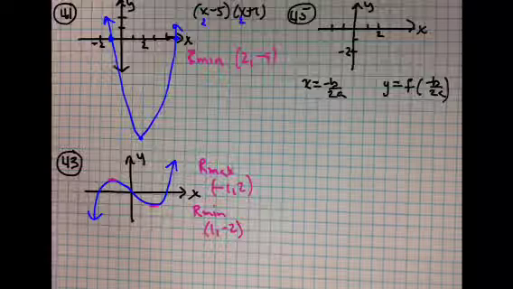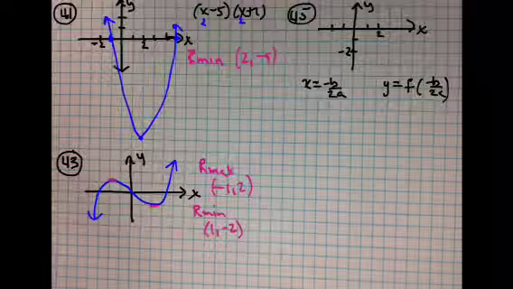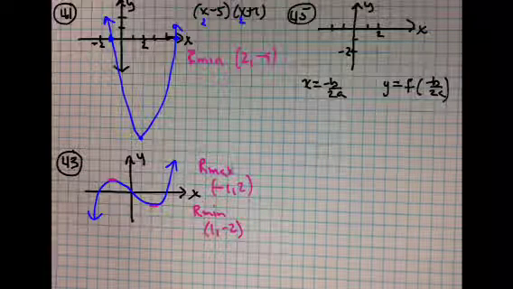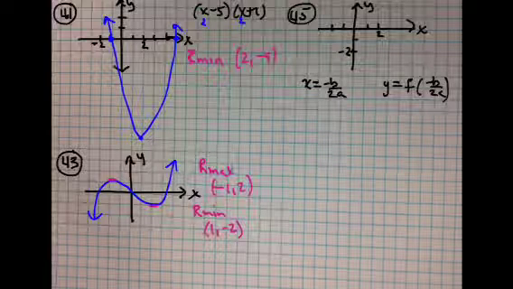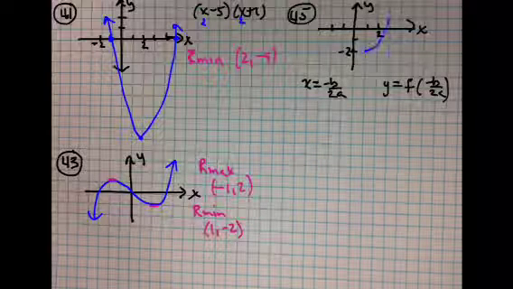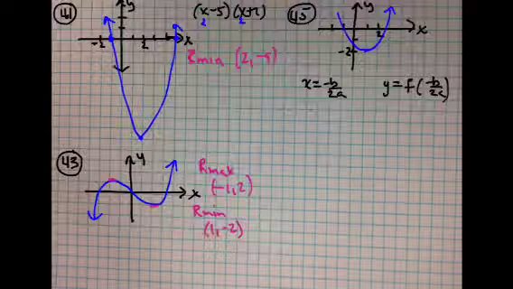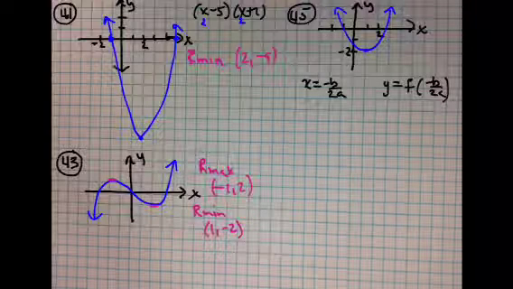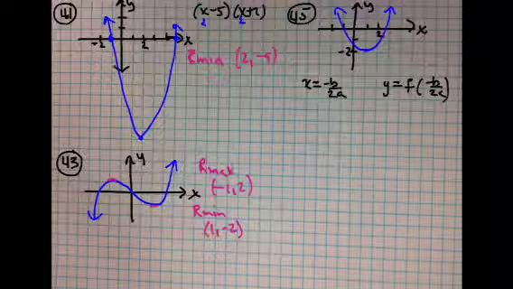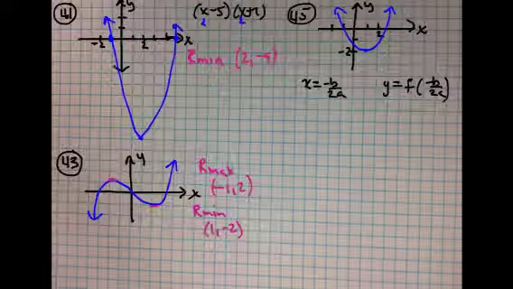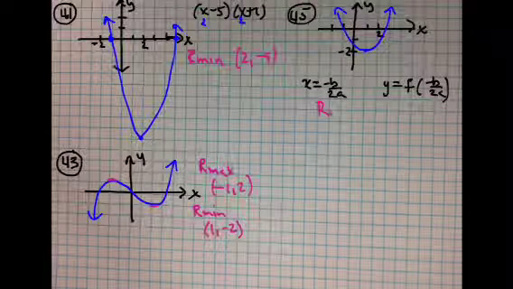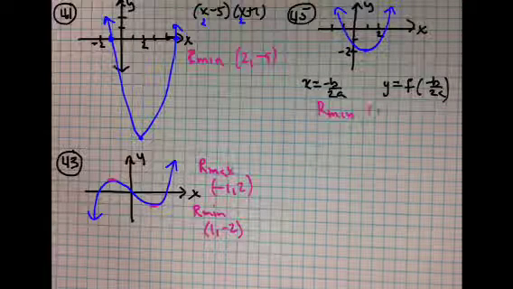Or you can punch it into the calculator and you'll get that the vertex is about here, something like that. And so this one has a relative min at 1, -2.